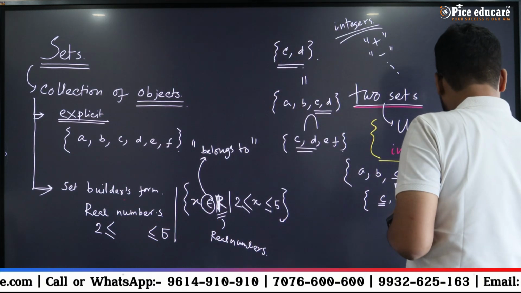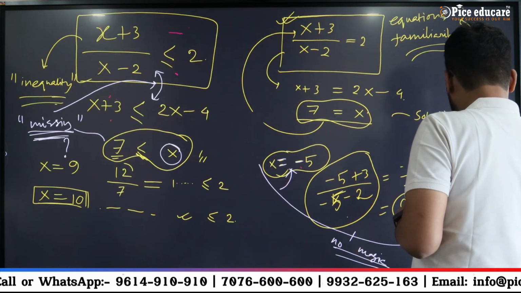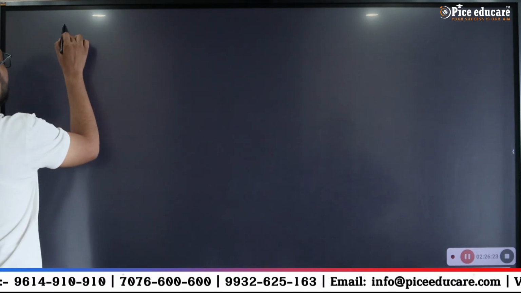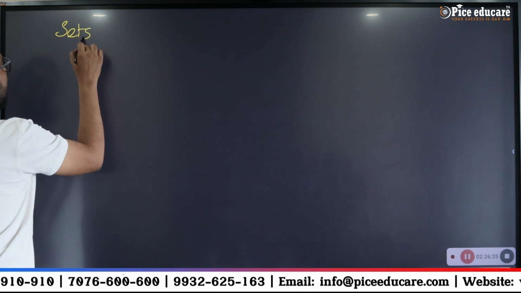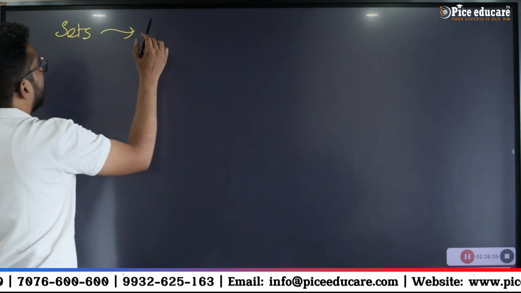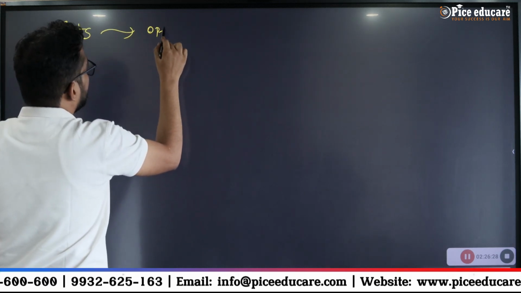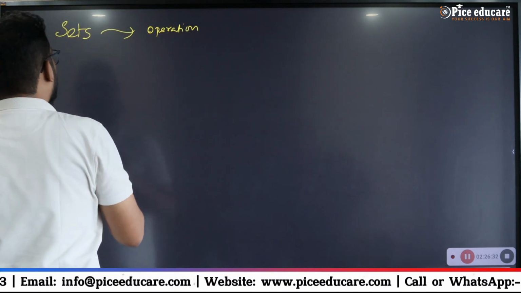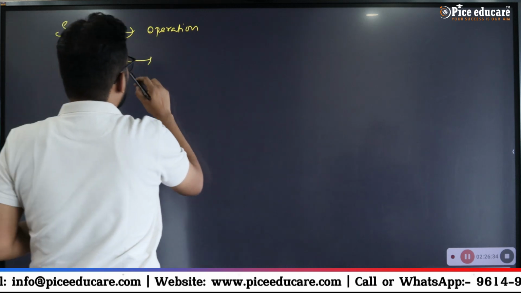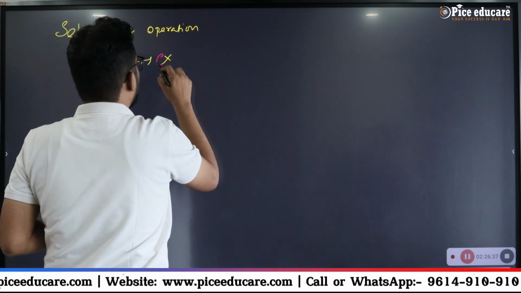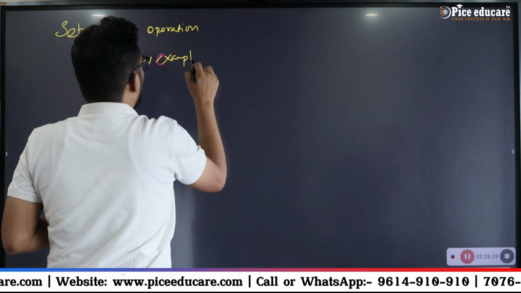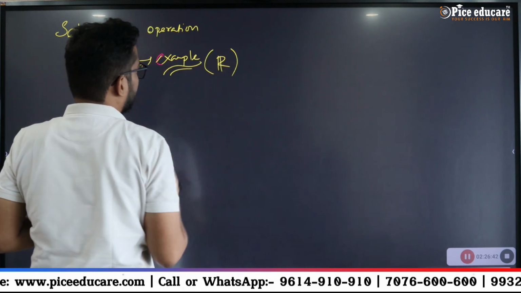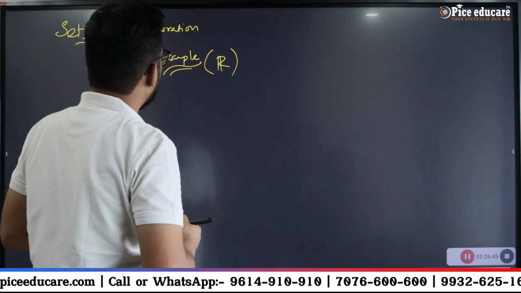So now let me give you a brief summary of today's discussion. First we did sets, we did operations. Then I took an example of a set, which was mostly the set of real numbers.